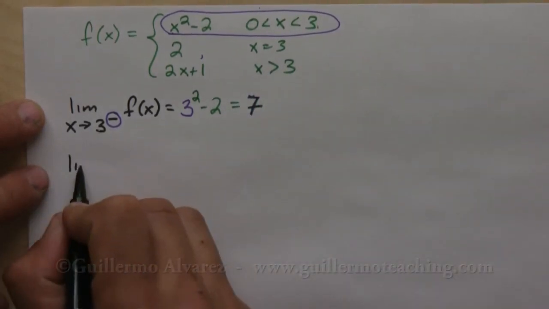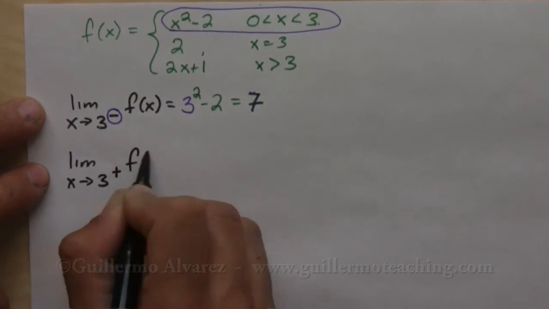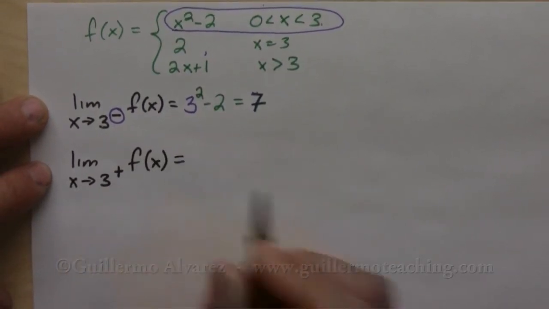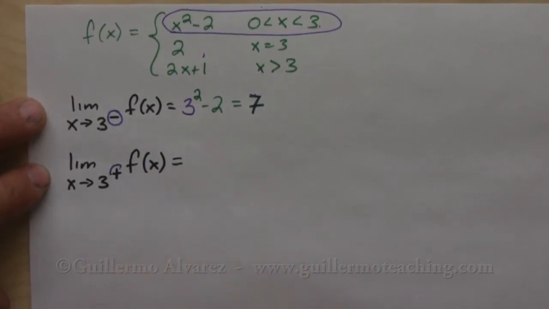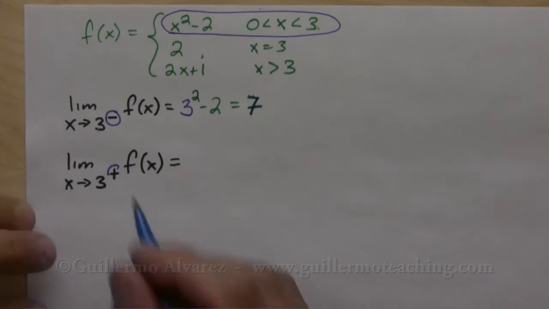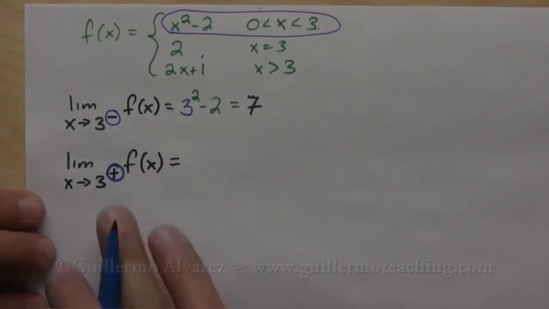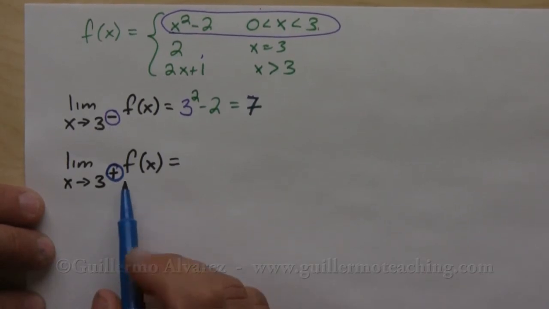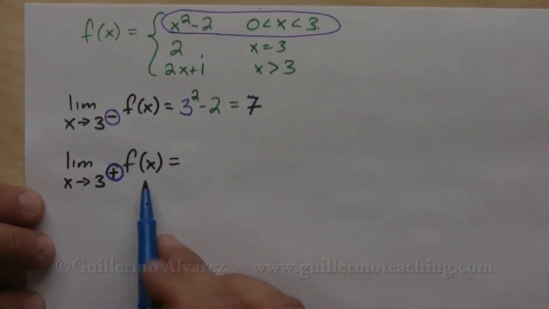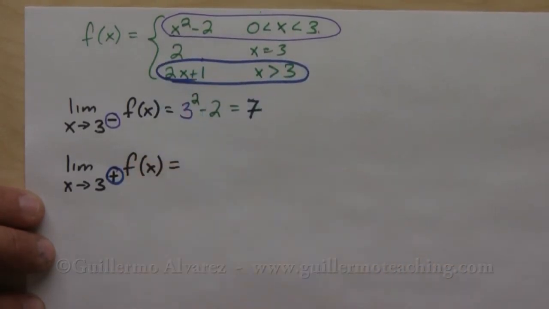Okay, now let's do the same thing from the right. The limit as x approaches 3 from the right. Let's do blue. Okay, so if I'm coming in from the right, well, that means that these numbers are greater than 3, which would mean that I'm going to use this one.